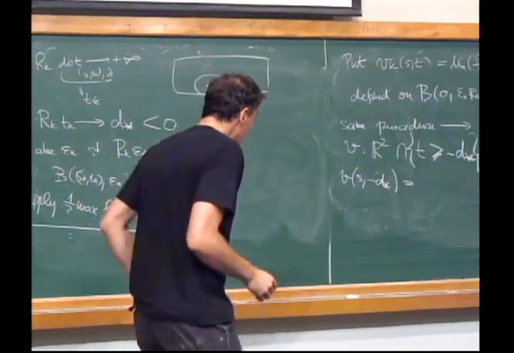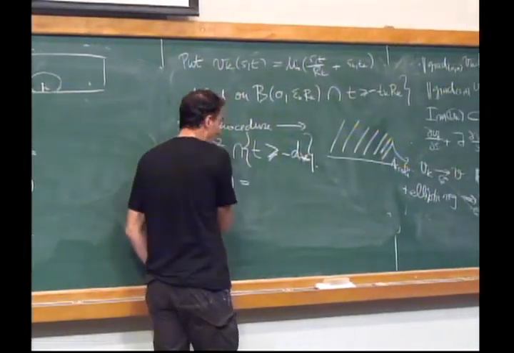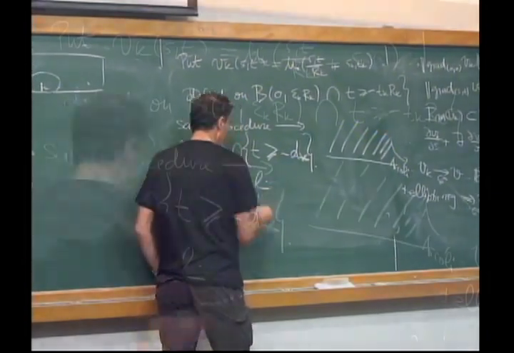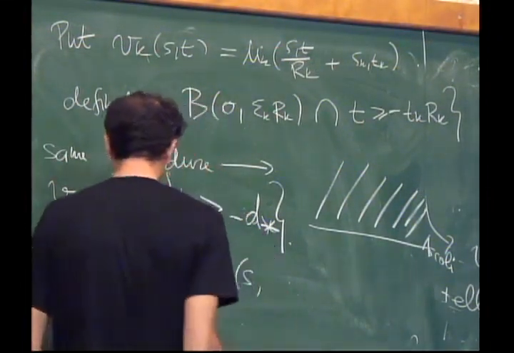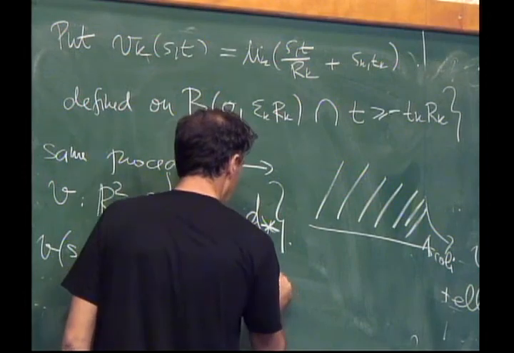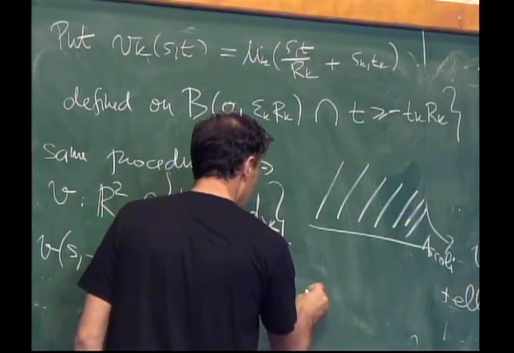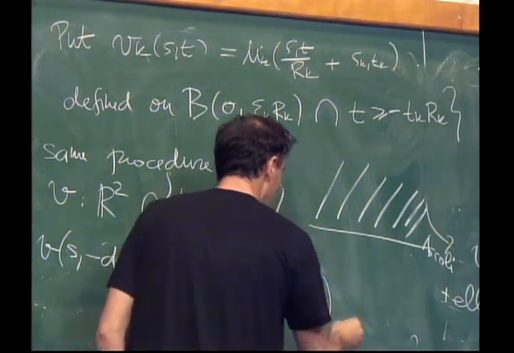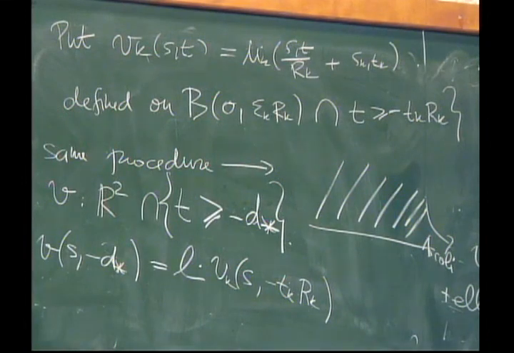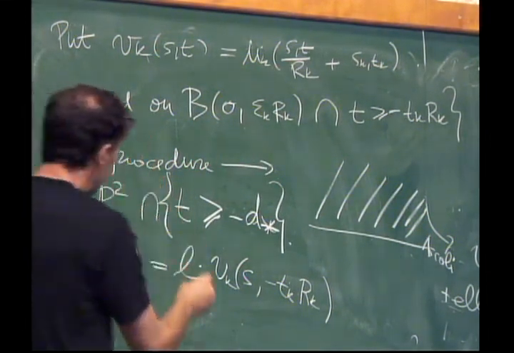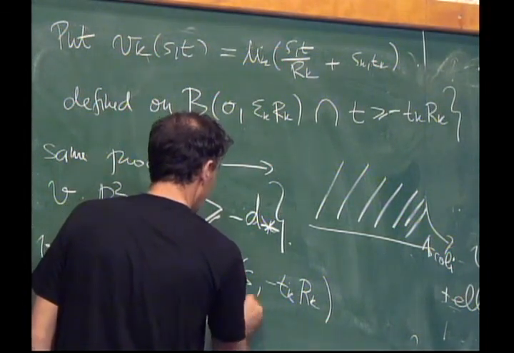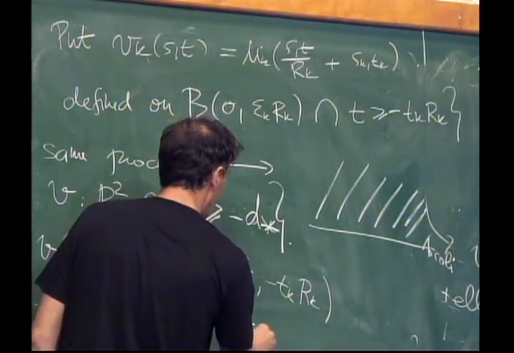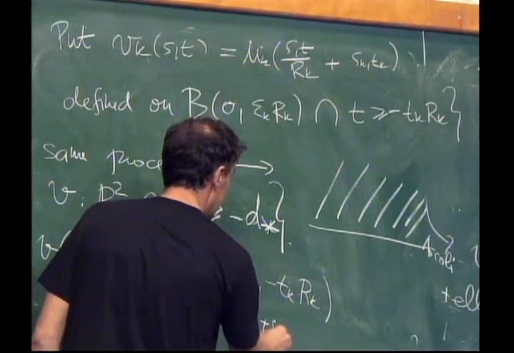Now this V of S, minus D star is the limit of Vk of S and minus Tk Rk. Okay? And then if you replace here, you find that it's the limit of Uk on Rk S plus Sk.